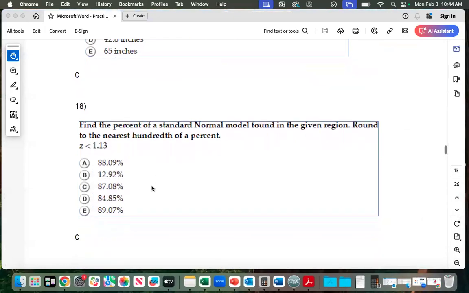Let's get to 18. So 18, you should be able to do 18. So you see Z, or you've also been told in the problem, standard normal. Is that okay? So Z less than 1.13. So try to do that.